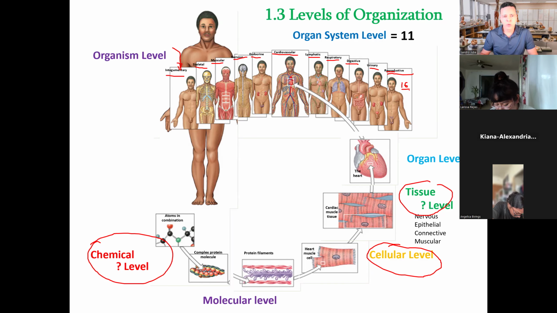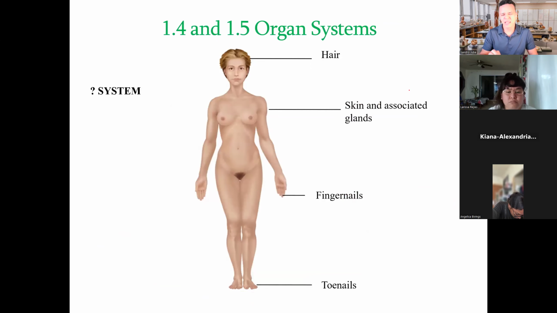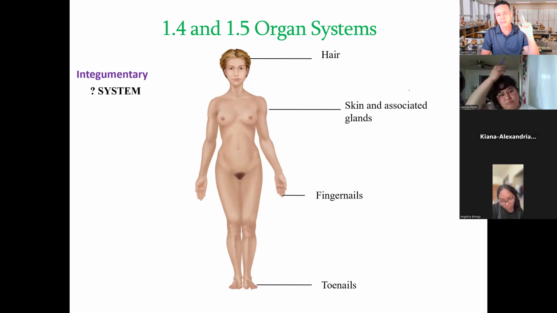So let's go over each one of these organ systems here in a little bit of detail, just to introduce them. Then we're going to go into a lot more detail because we're going to cover each one of them in a chapter. So let's start with the integumentary system. Folks, I guarantee you that if I ask you to name 5 different organs, most of you are going to say heart, brain, lungs, liver, and kidneys.